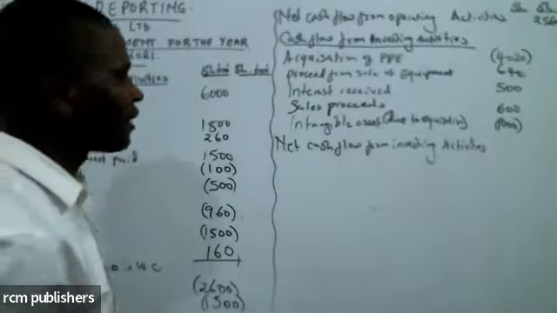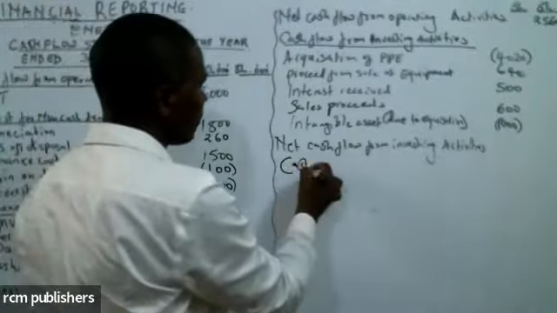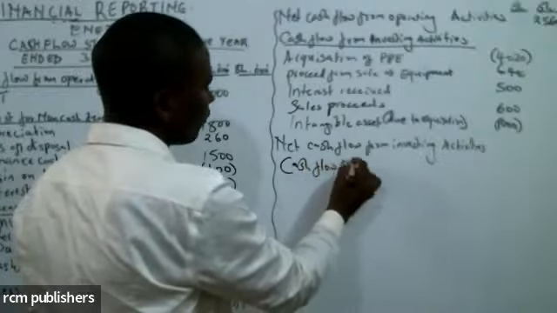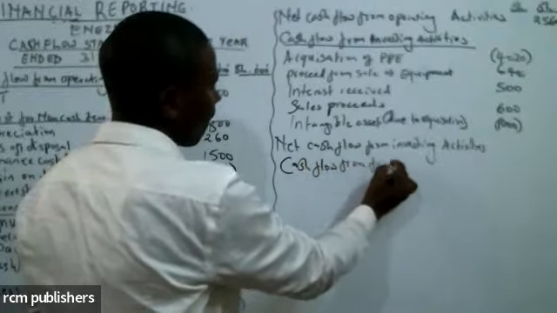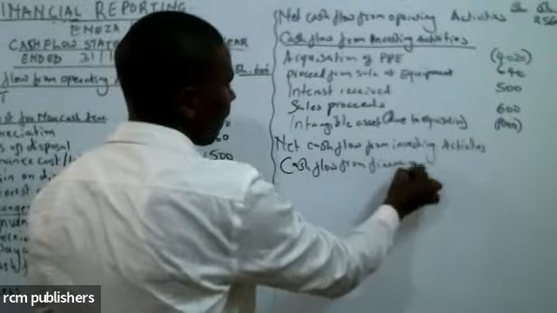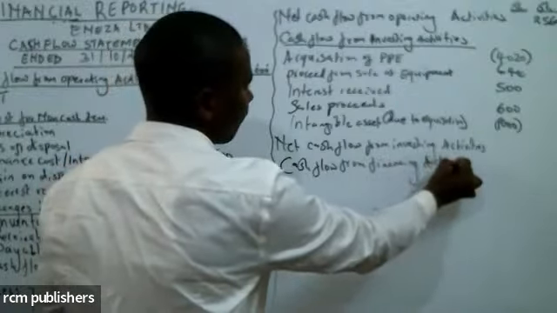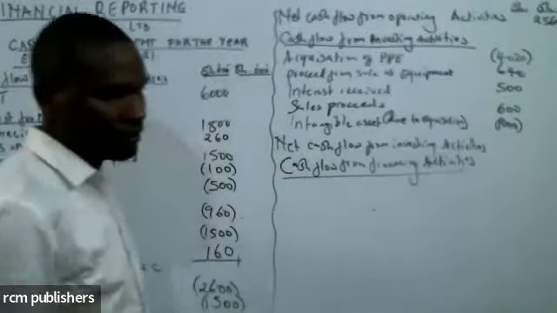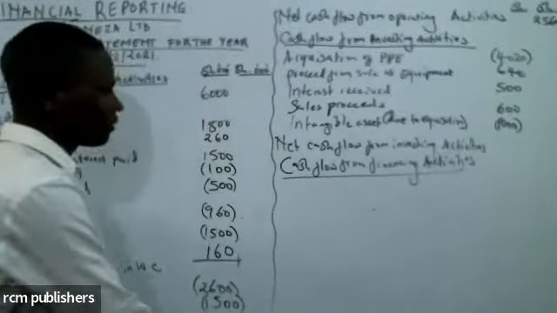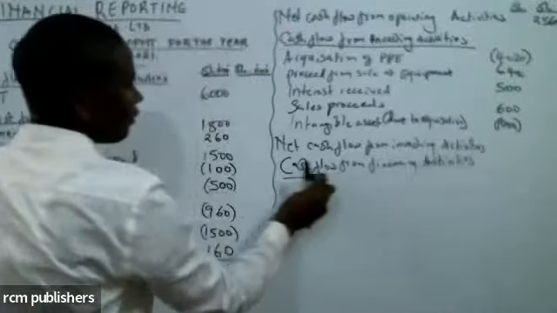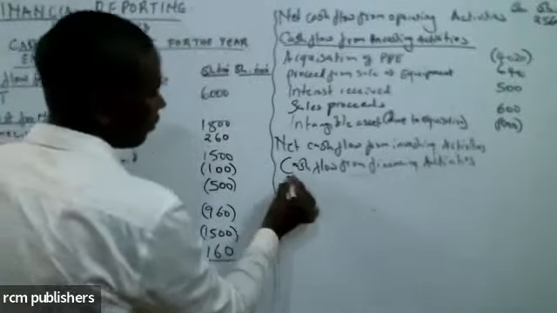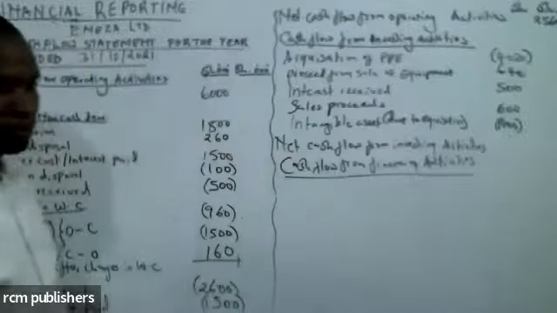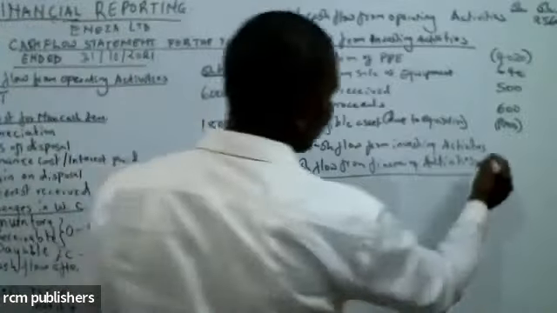Cash flow from financing activities. So, how much is there? 3280, which is a negative.